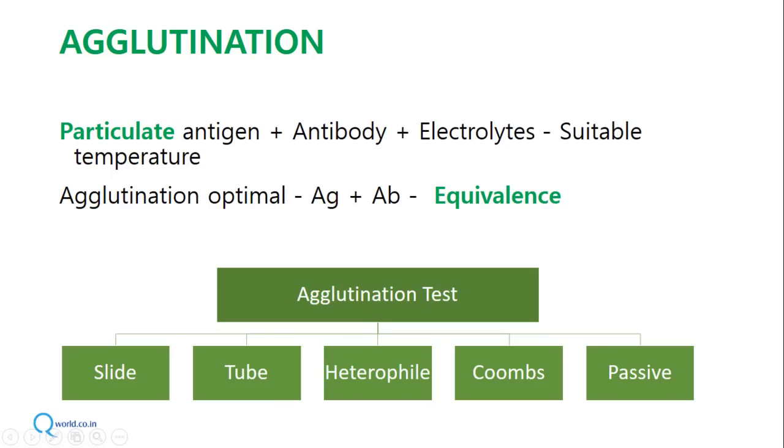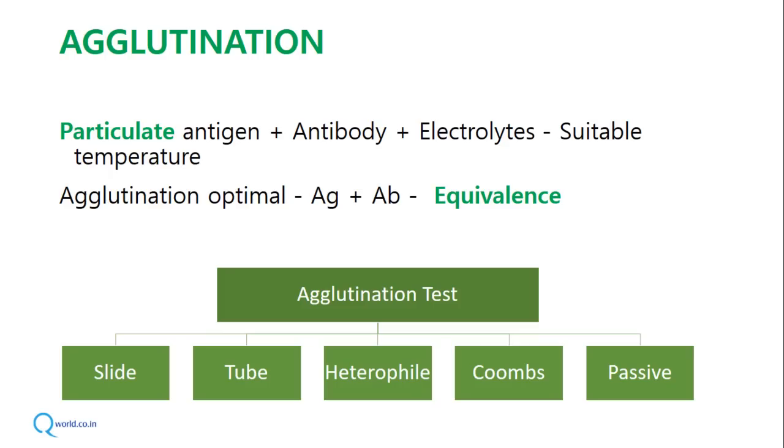Now, what do we understand by agglutination? We know that if a soluble antigen antibody reaction happens, then it is known as precipitation. But if it is an insoluble, particulate antigen which combines with its antibody in presence of optimum temperature, pH, and electrolyte levels, then instead of precipitates, we get clumps, and these clumps are known as agglutinates.